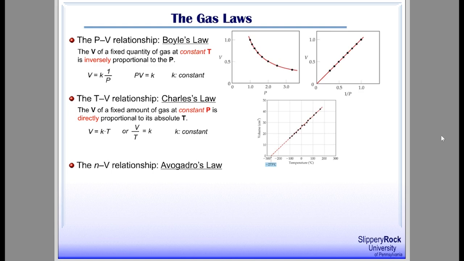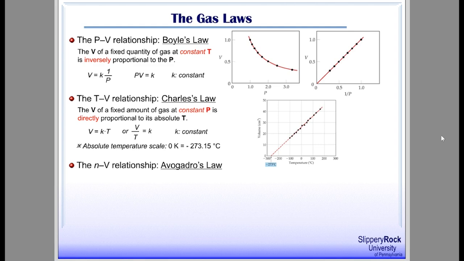Take a note that the red best fit line is extended and crosses the x-axis, or axis of temperature, at negative 273.15 Celsius. This is called absolute zero, or 0 Kelvin. So 0 Kelvin is equal to negative 273.15 Celsius. Be aware that the temperature in Charles' law is in the absolute temperature scale.